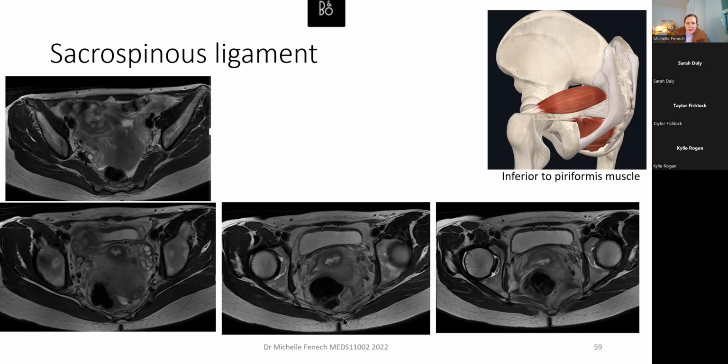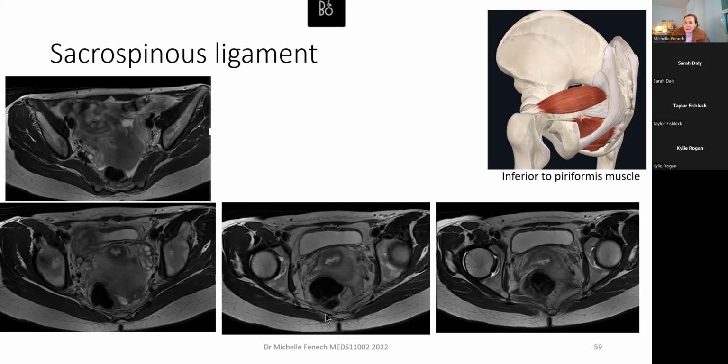ligament. Ligaments on MR, connective tissue doesn't have much water. You know how I said MR shows water? Tendons and ligaments are connective tissue and they don't have a lot of water in them. So we tend to have what we call no signal from them. Can you see something with no signal extending between the sacrum and the ischial spine here?